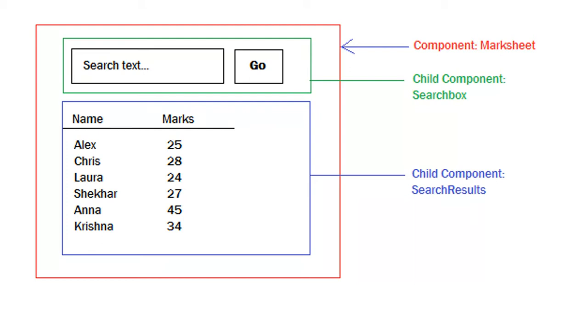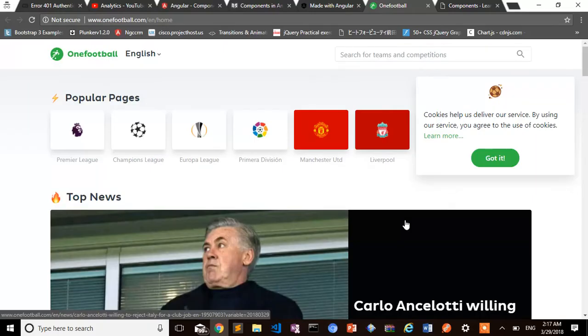Let me show you one website that is built in Angular. Friends, as you see on my screen, this is a website built in Angular 4. So here guys, as we say, an Angular application is a collection of components.